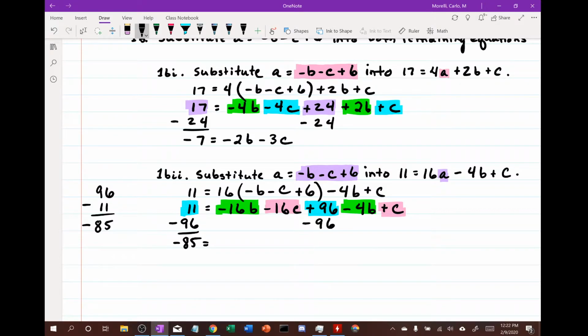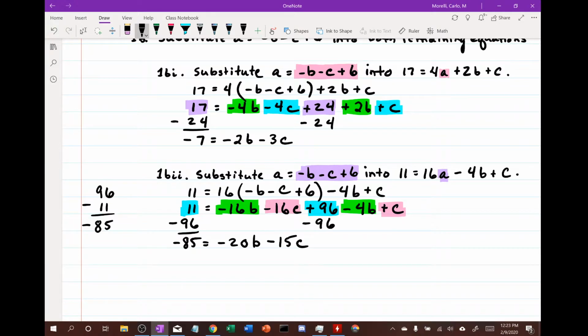And negative 85 is set equal to negative 16b minus 4b. If I combine the b terms, I get negative 20b. And if I combine negative 16c and positive 1c, I get negative 15c.